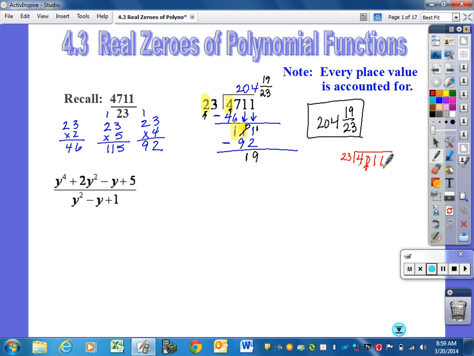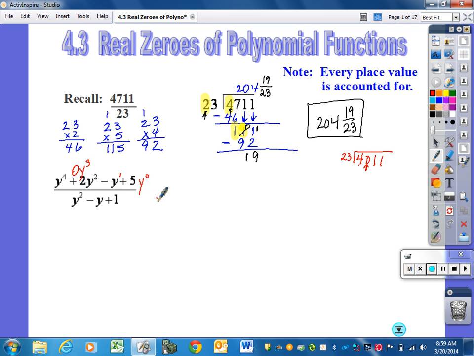But what determines our polynomial places is our degrees. The degree of this polynomial is 4. So I have to count down. Do I have a 4th degree? Yes. Do I have a 3rd? No, so I have to fill in a 0. 0y cubed. Do I have a 2nd? Yes. Do I have a 1st? Yes. Do I have a 0?